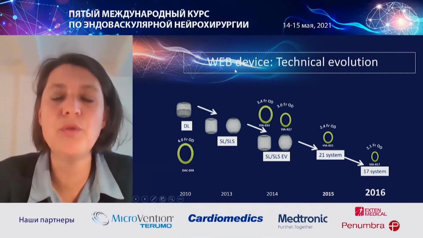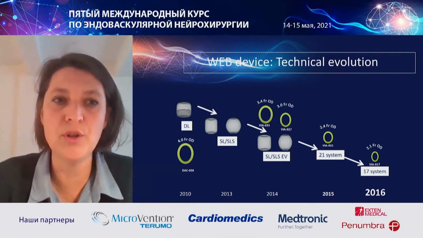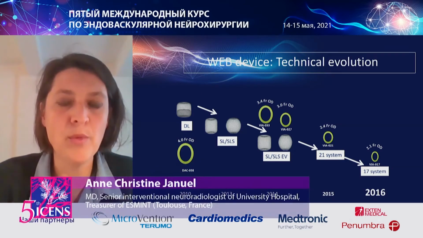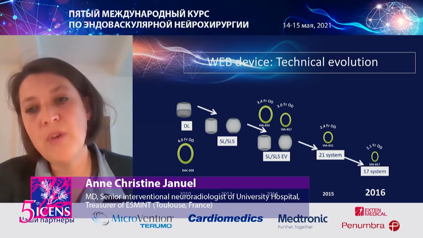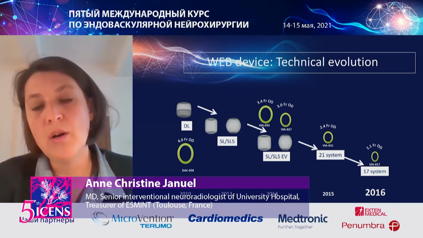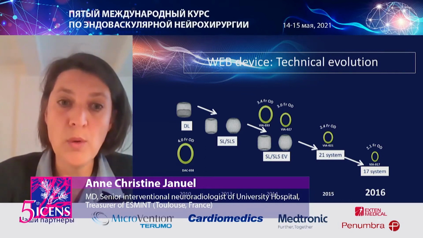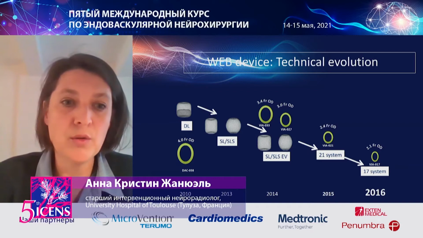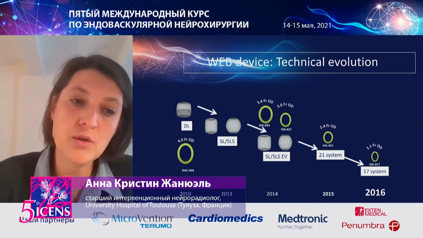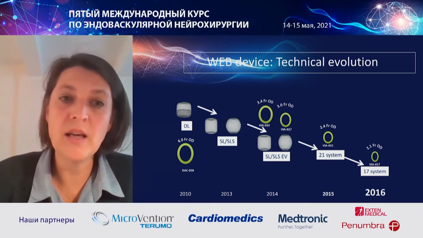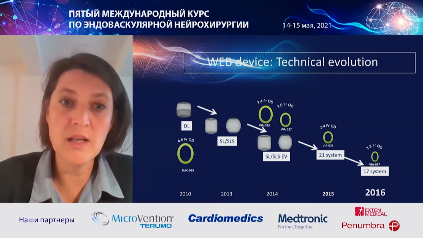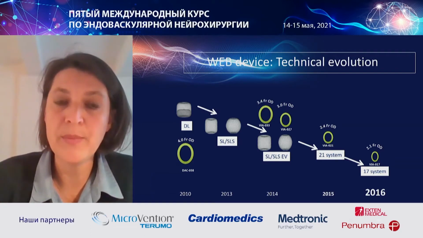Just to start, a few words about technical evolution, because it's important to know where the WEB comes from, and that can explain the different steps we had to face to have now the use of the WEB. The adventure started in 2010 with a dual layer. It was a large device in a large catheter, and then came the single layer with a barrel shape and a spherical shape.